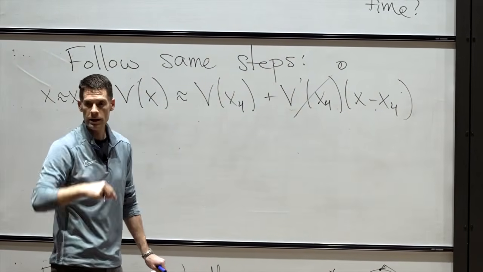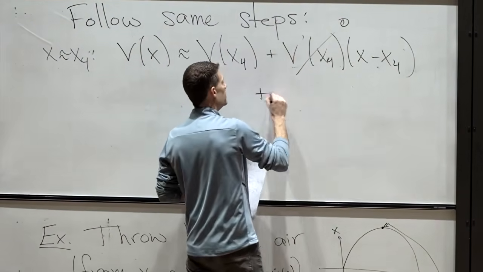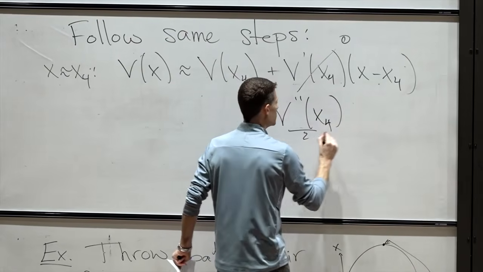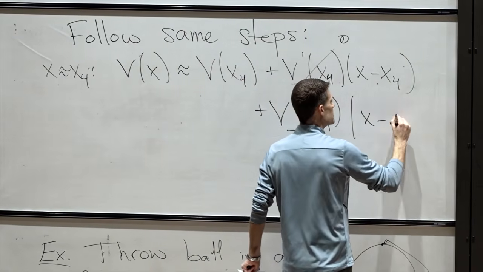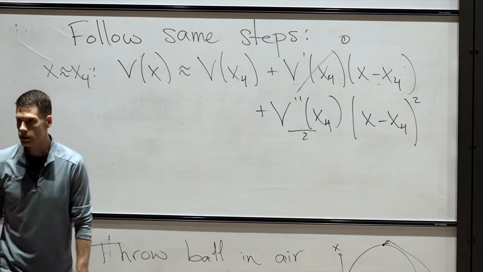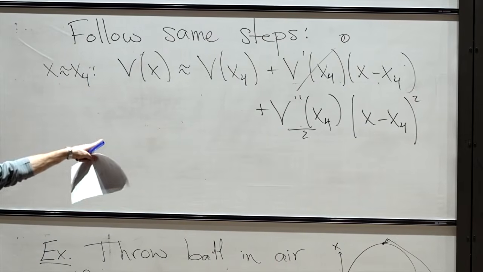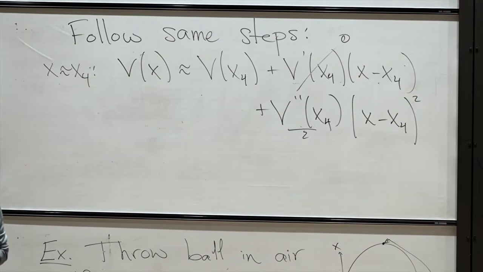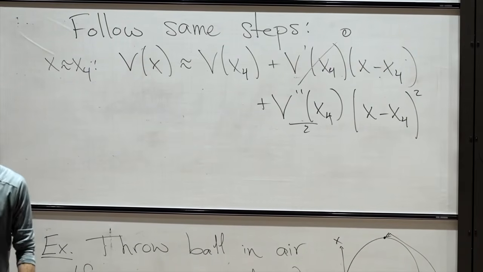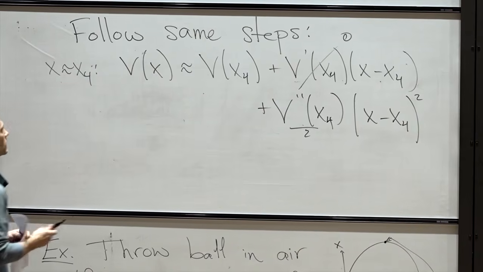So I need to go one term higher in my expansion, with x minus x4 squared. And that changes everything, because now I integrate 1 over the square root of e minus v. The e minus v of x4 goes away, because that's how we've set this up.